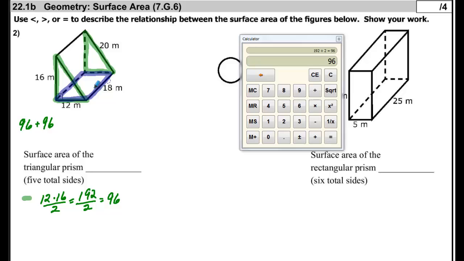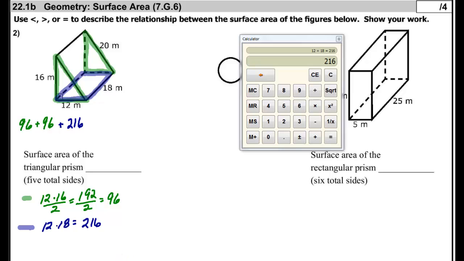So this base is 12 by 18. We're matching up against that part right there. And so we're going to have 12 by 18. And 12 times 18 gives us 216. So we're going to add in 216.